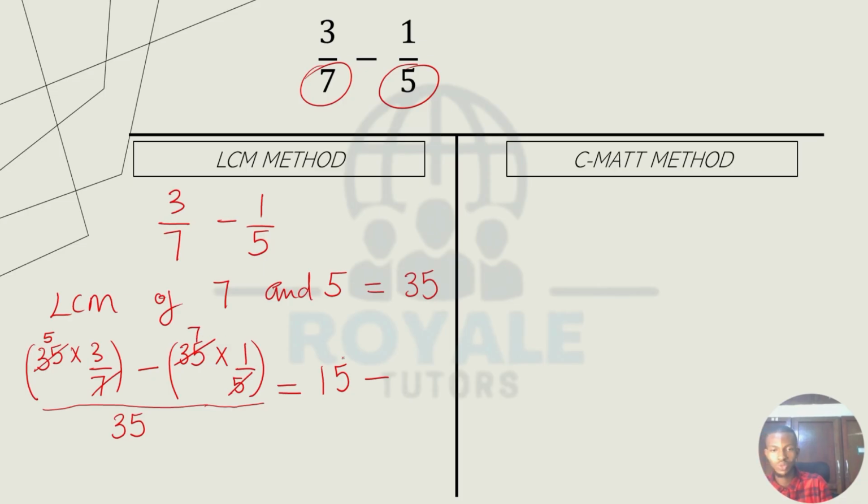Then 7 times 1 is 7. The denominator remains the same, which is 35. So 15 minus 7 is equal to 8, and the denominator is 35. You see how it works now? 8 over 35.